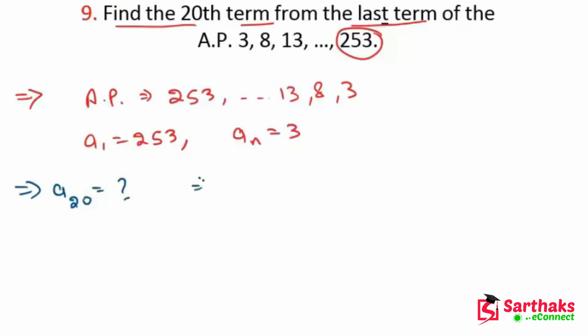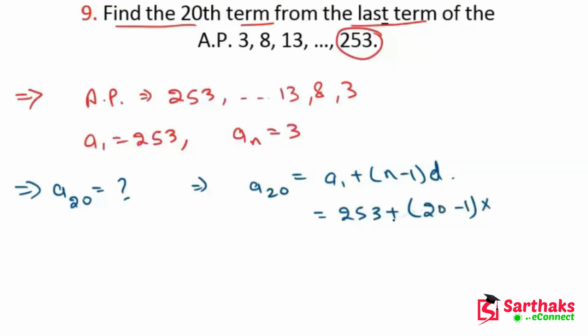A20 is equal to a1 plus (n minus 1) into d. So a1 is 253, plus n is 20, minus 1, into d. And what is the value of d? This is very easy. If we subtract any two consecutive numbers, we get 8 minus 13, which gives minus 5.